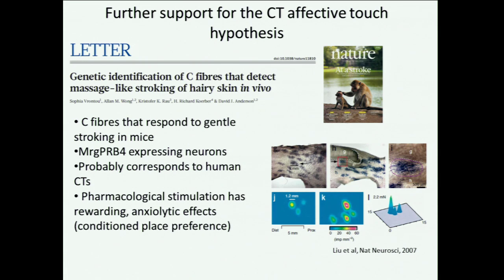And an interesting thing here, I think, is that pharmacological stimulation of the MRGPRB4 expressing neurons had what seemed to be rewarding or anxiolytic effects in the mice in a conditioned place preference test.